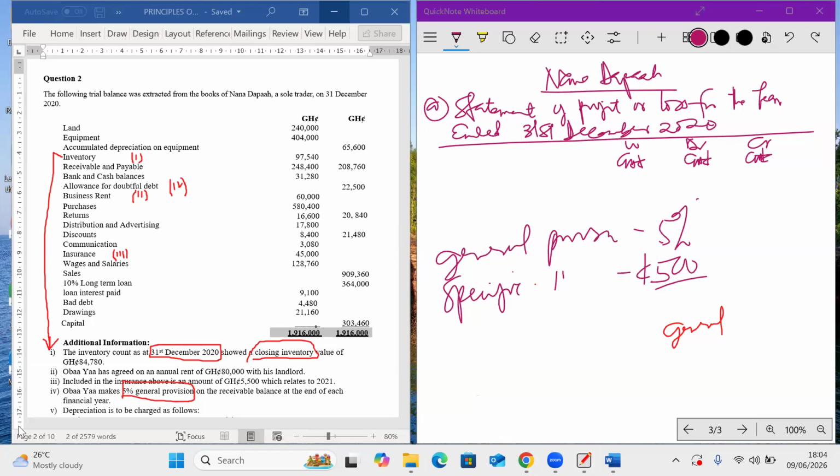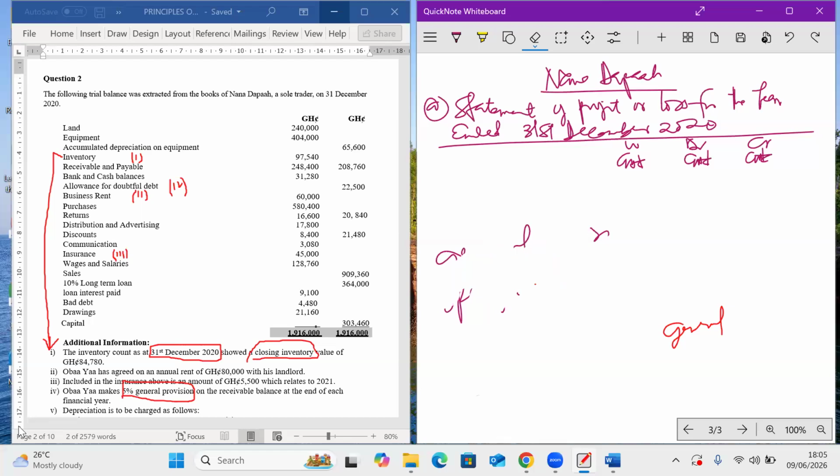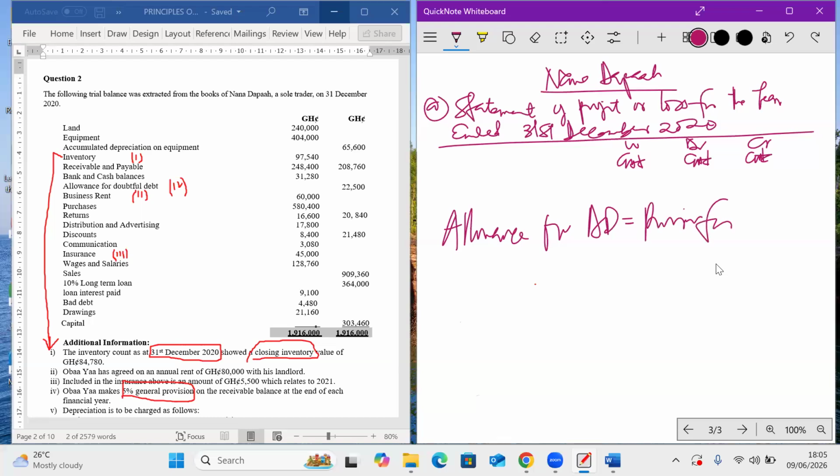Another thing, are you writing? Yes, sir. When a question says allowance for doubtful debts, it is the same as provision for doubtful debts.